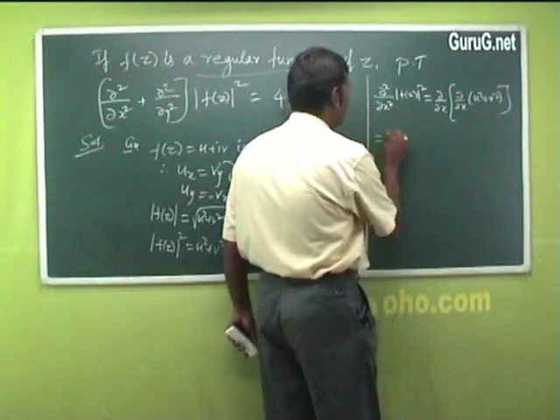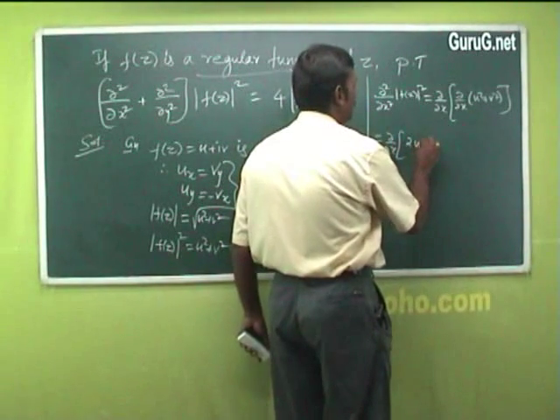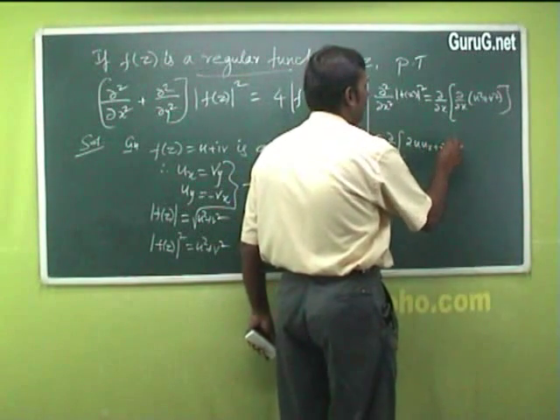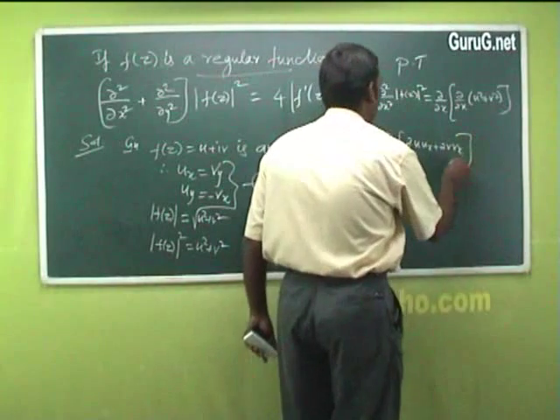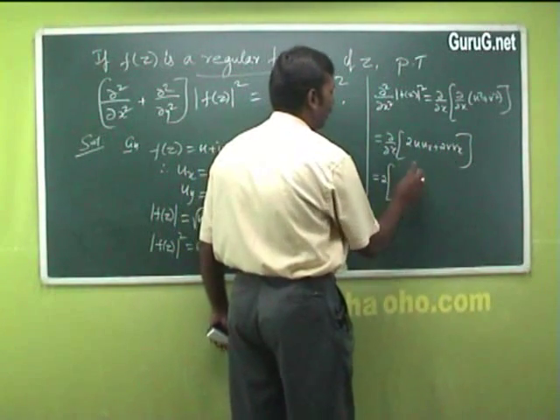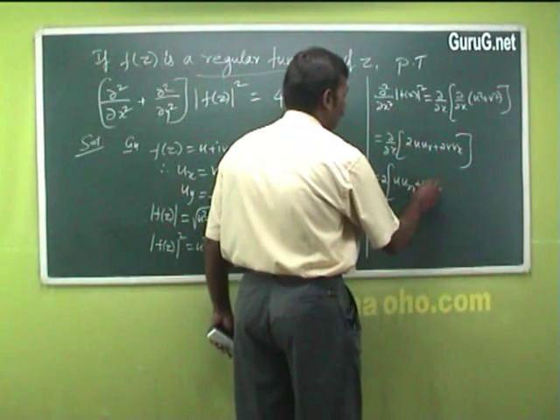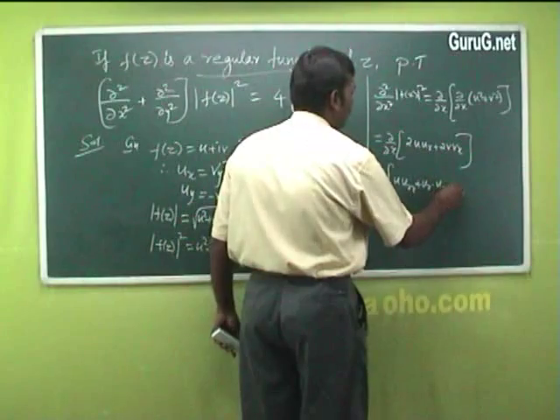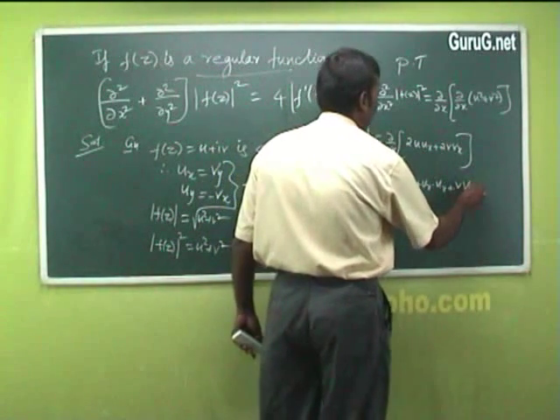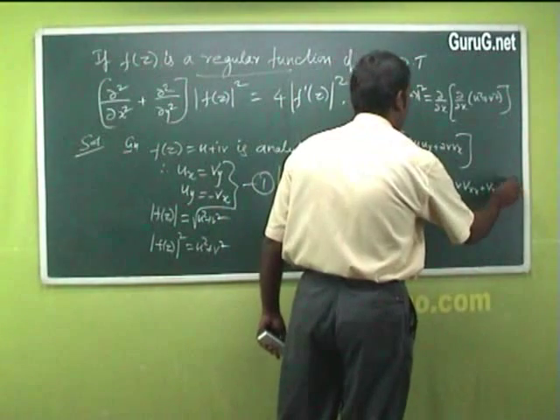You differentiate it, so dou by dou x of that is 2u ux plus 2v vx. So again differentiate it, you can take 2 outside: 2 into u into uxx plus ux into ux plus v into vxx plus vx into vx, right?